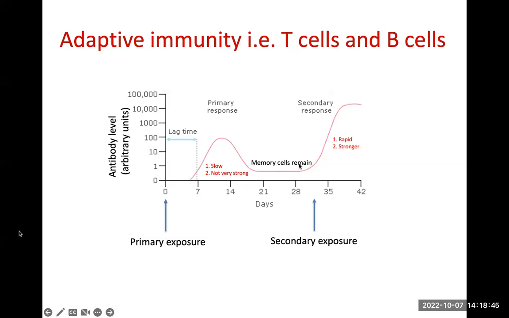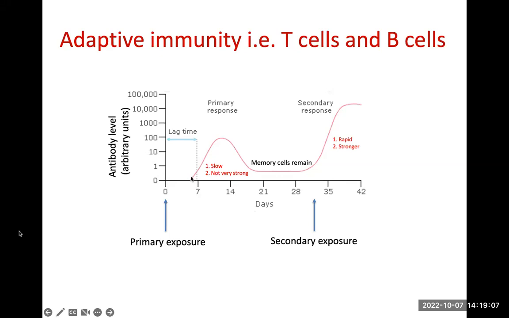And these cells will be there in the long run. And even if you're exposed to the same pathogen 5 years later, at least you'll not be starting from scratch like you did in the primary response. It will be quick, and it will be stronger because you also have a larger starting number. So that's what a secondary response does.